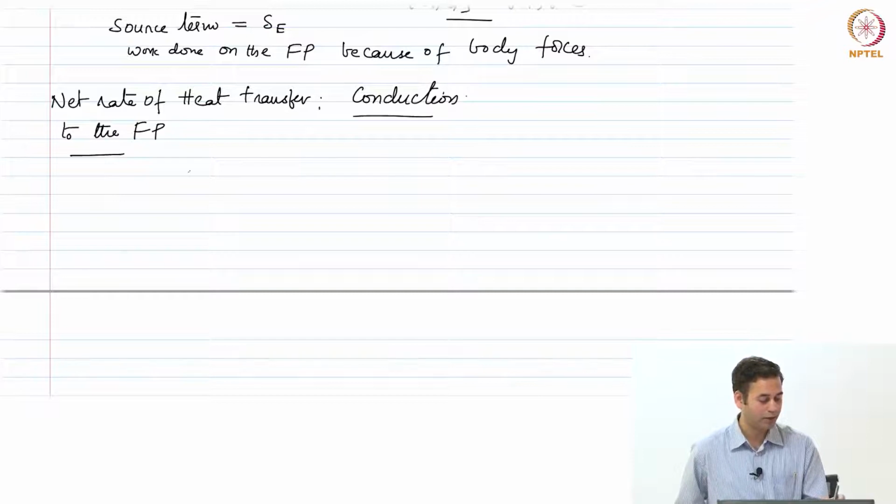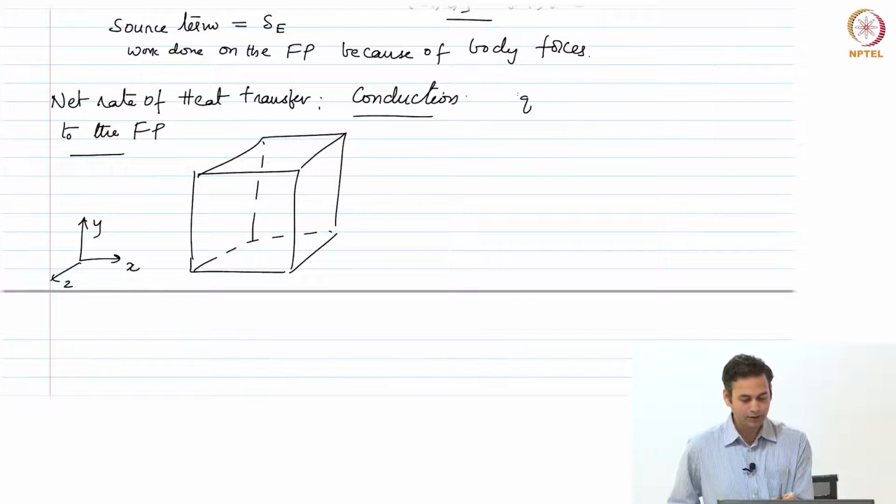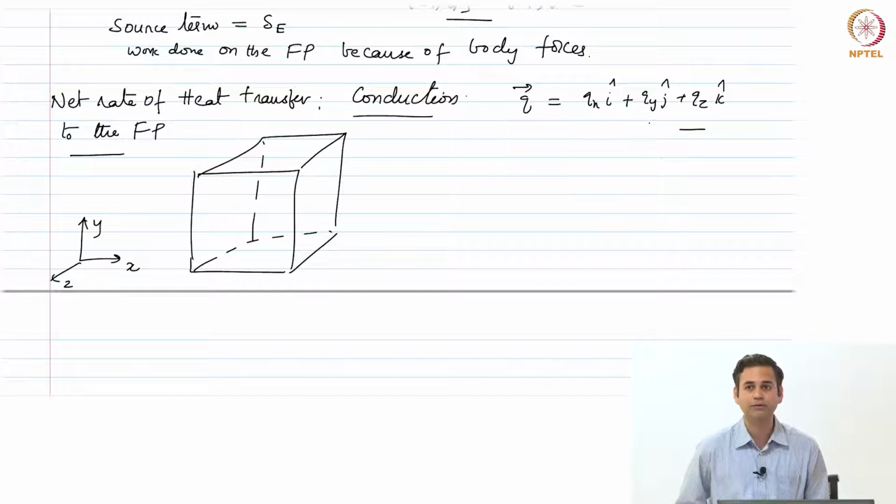We will consider again the fluid element, which is at x, y, z, and the heat flux vector that we have, q bar, is basically qx i hat plus qy j hat plus qz k hat, right. Essentially we have 3 components of the heat flux vector, okay.